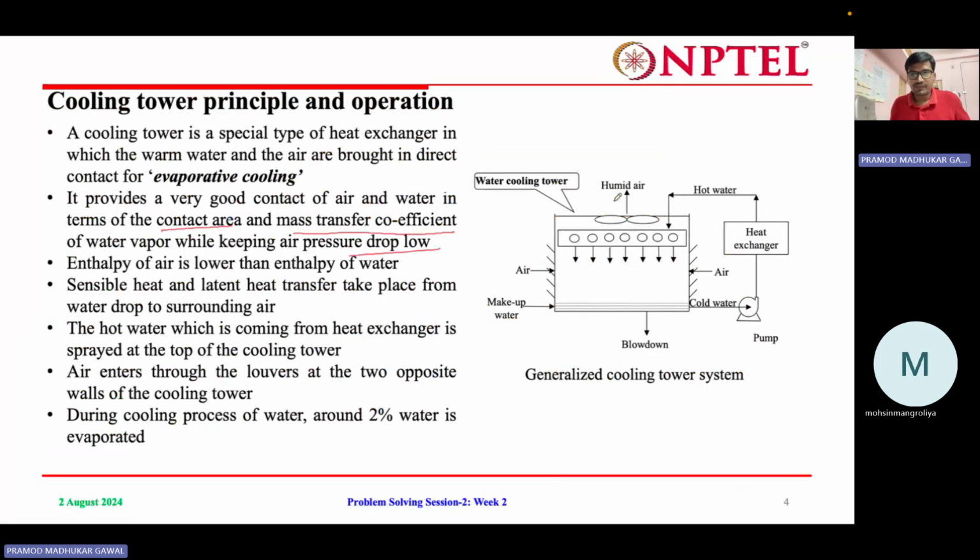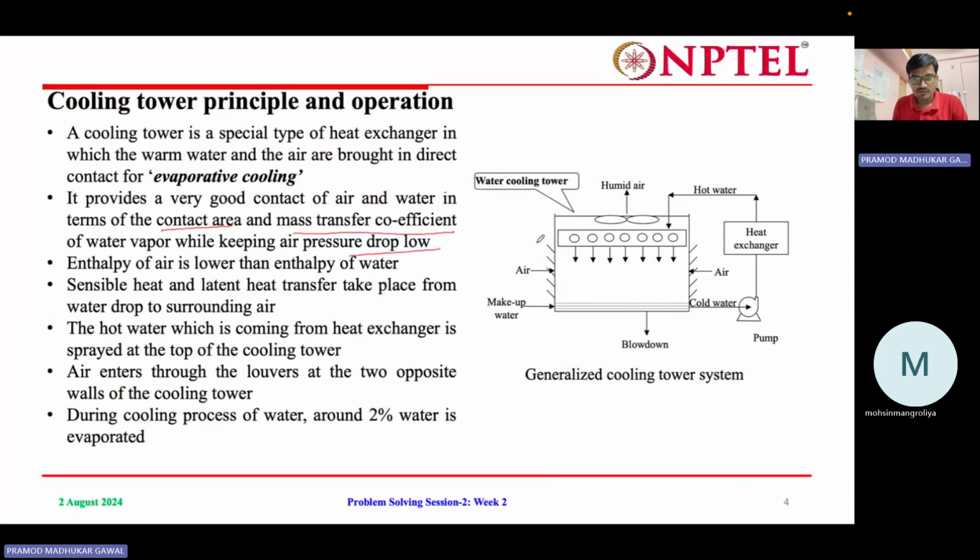Here is the schematic representation of the cooling tower. The hot water coming from the heat exchanger is spread at the top of the cooling tower, and the air enters through the louvers.